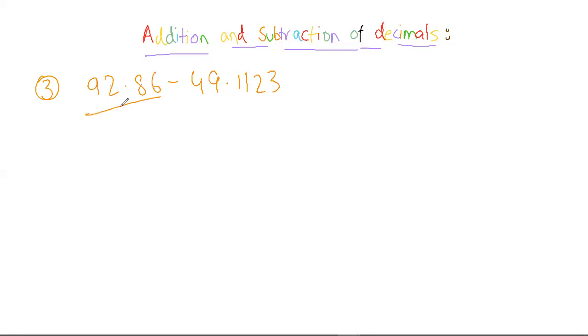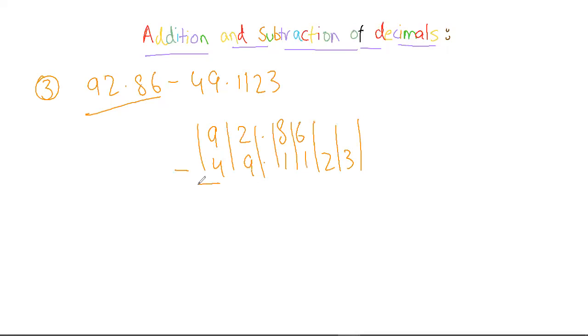Anyways, getting back to the point, we'll write 92.86, leaving enough gaps between them, and then we'll write 49.1123. Now I have left some gaps for ease of calculation. I hope you do the same. We have arranged all the numbers in vertical fashion so that there's ease of calculation and no chaotic misinterpretations, so that your answer does not become wrong.